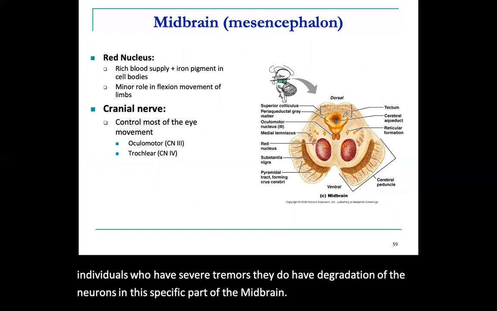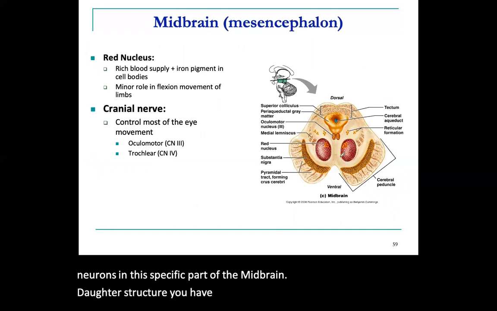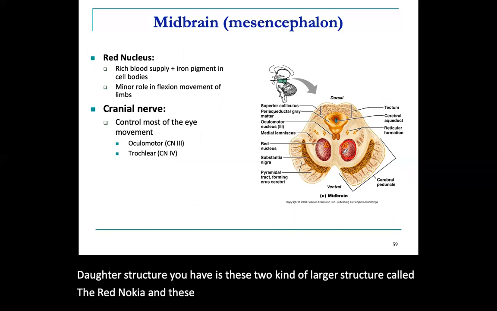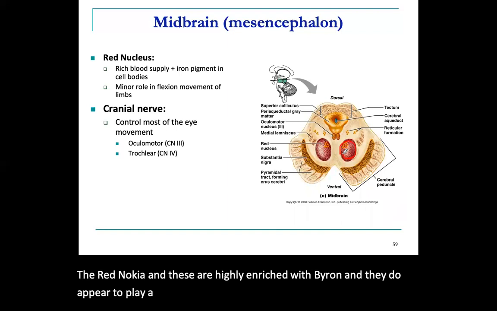The other structure you have is these two larger structures called the red nuclei. These are highly enriched with iron, and they do appear to play a role in flexion movements of your muscles.